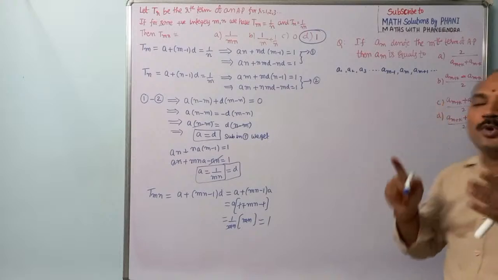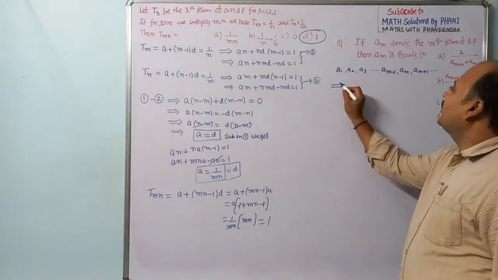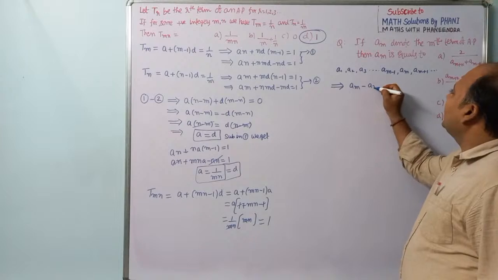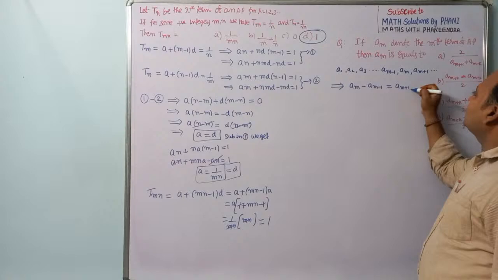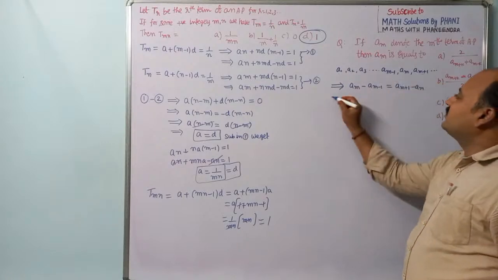So arithmetic progression means what? Common difference is equal only, no? So what I am taking is am minus am minus 1 is equal to am plus 1 minus am. Minus am bring this side, minus value this bring this side.